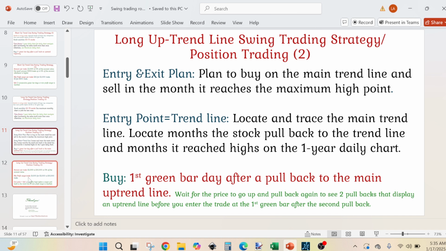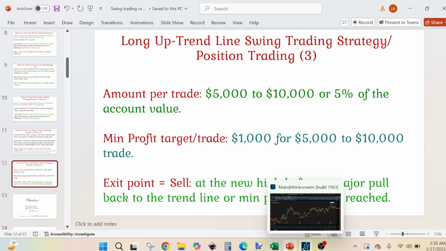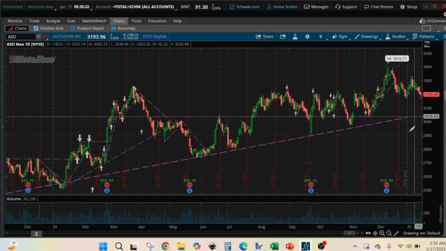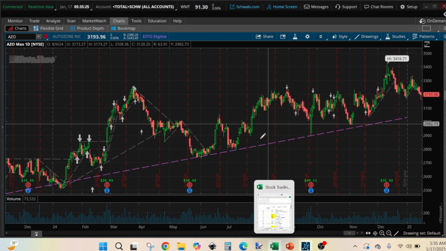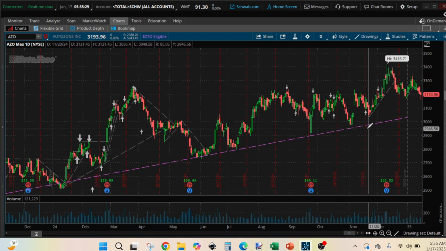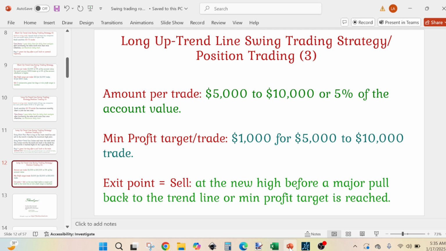And then we'll sell it when it reaches a new peak, a new high, or our minimum price target is reached. So we will see how many swings we will go through before we decide to sell. It might reach some high, and we might decide not to sell, but to wait for the next high and so forth.